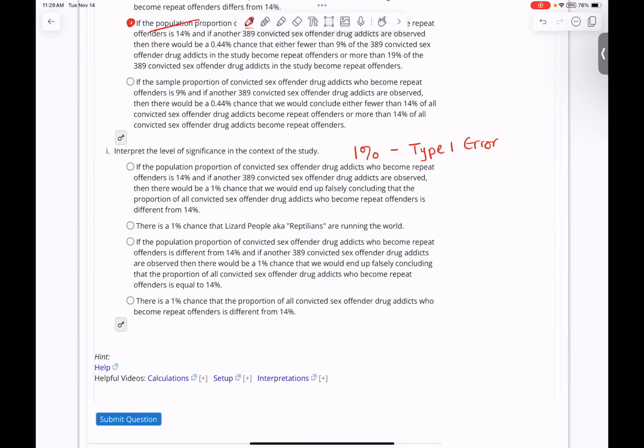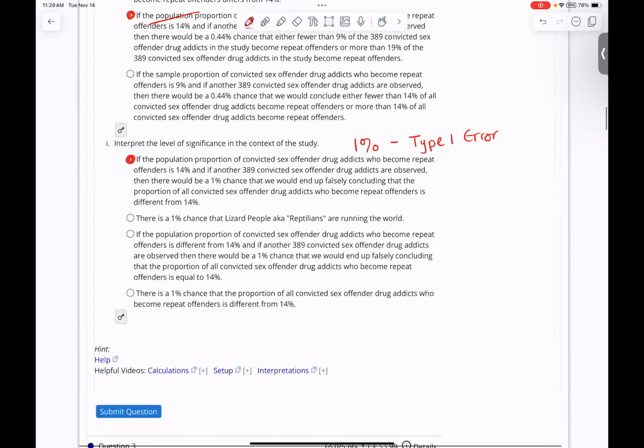So it's either got to be the first one or the third one. So we falsely conclude the proportion of all convicted sex offender drug addicts who become repeat offenders... I can't spit it out. It has to be the first one because it's the one that says that we're rejecting the null and accepting the alternative, that the proportion is different than 0.14.